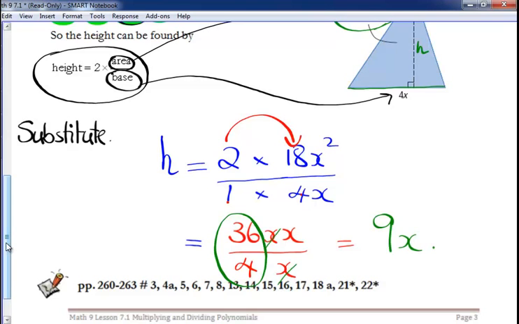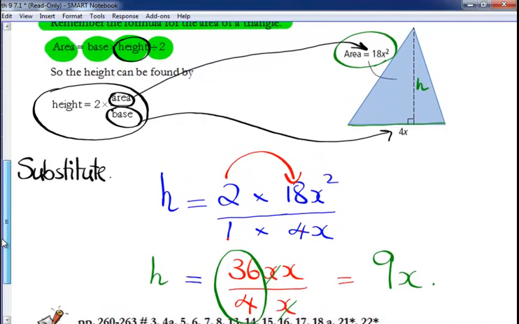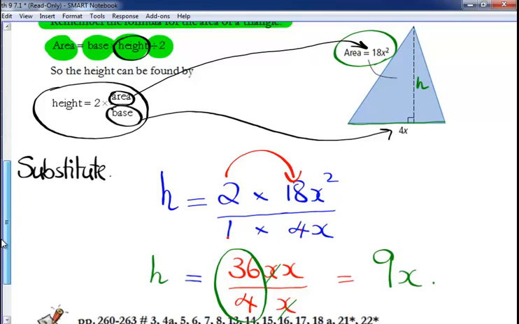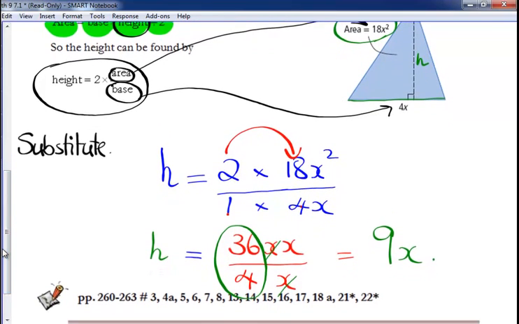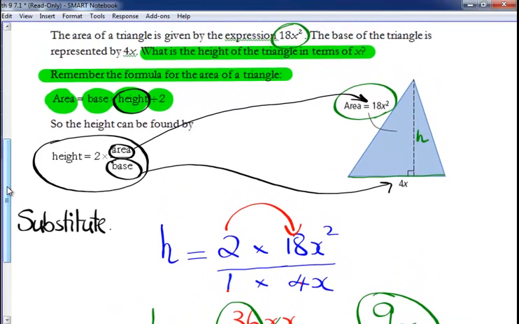So when we express the height in terms of the area and the base, we get another algebraic expression. The height is just equal to 9x. Now we could check it by using the formula for area.